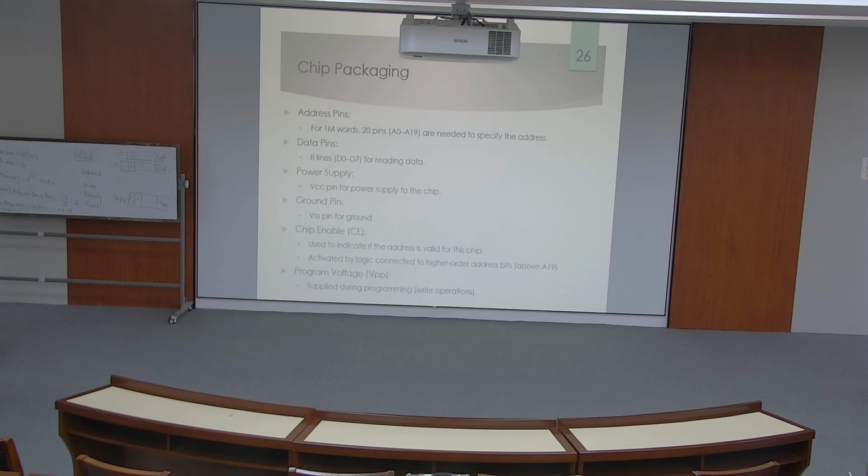We have also the ground pin, the VSS pin for ground. We have also the pin for chip enable. This is there to indicate that if the address is valid for the chip, it has to be activated by the logic which is connected to the higher order address bits, that means above pin 19. Then we have the program voltage, which is supplied during the programming or during the write operations.